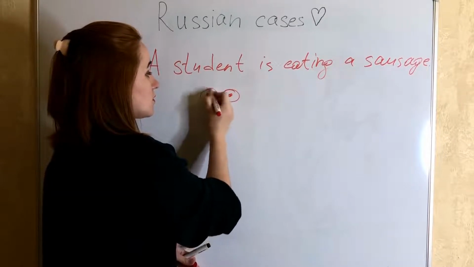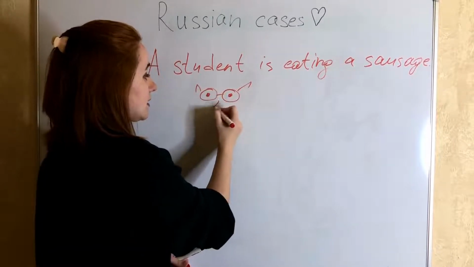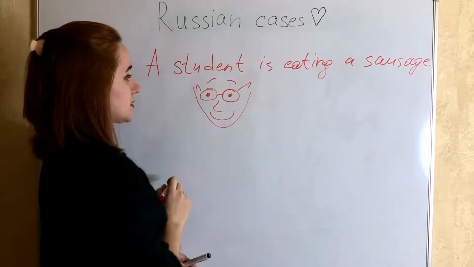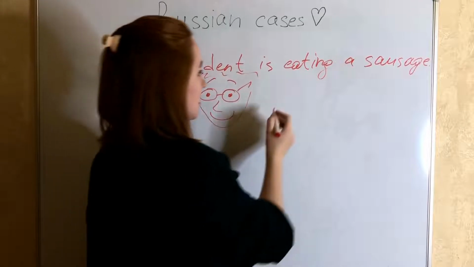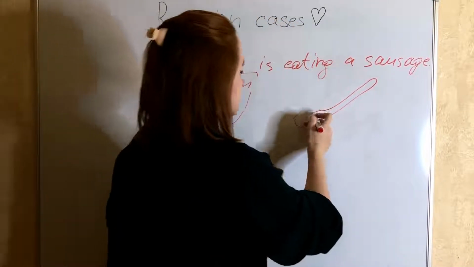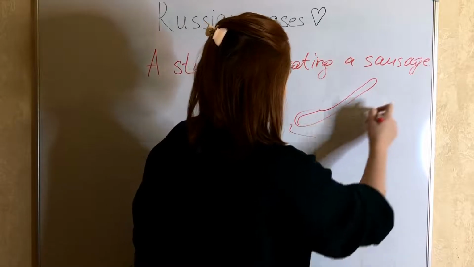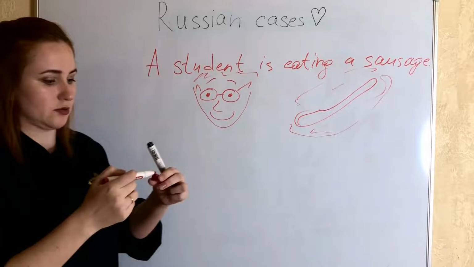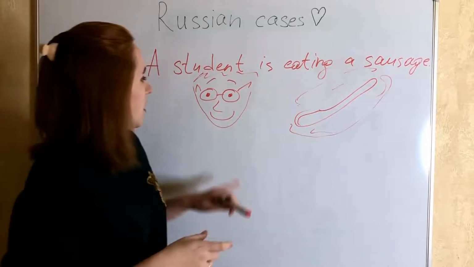So, as we already know, in English, a happy student, he likes sausages, right? Is eating some sausage, maybe in a hamburger, in a patty. So, sausage, сосиска.